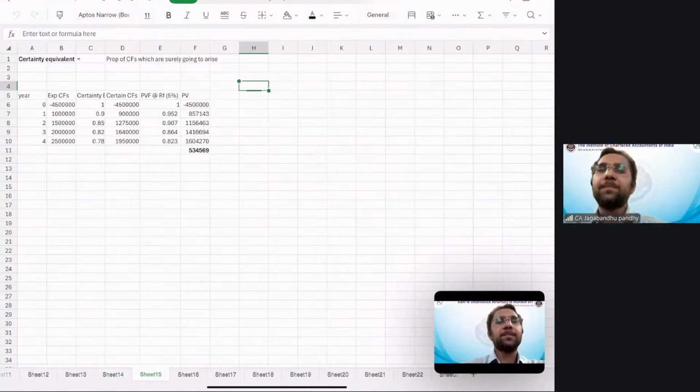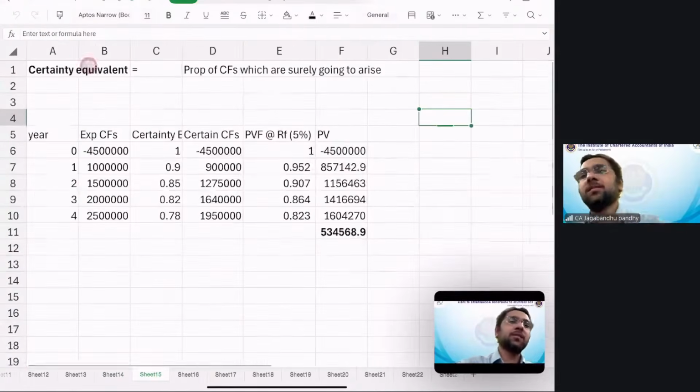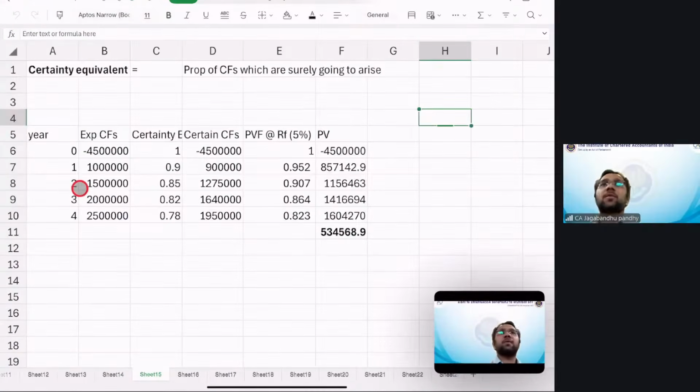And secondly, what if I just do one thing, sir? If there is a certain amount of cash flow, I would like to know what proportion of that cash flow is certain or sure.